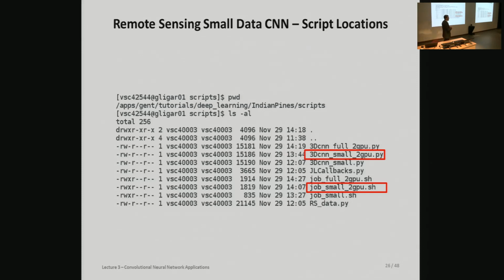Of course, try to use it. The data is open. The structure of the GPU Python script is there. You can experiment with this, and we will go through it step by step. And then we also have the job script here that you usually use.